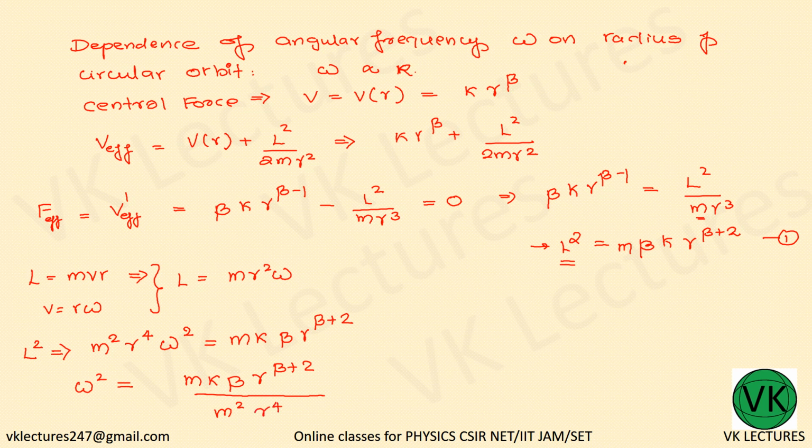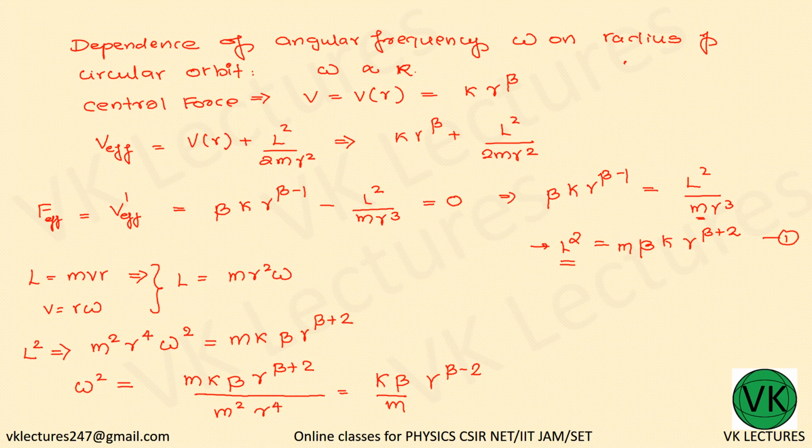So m gets cancelled, and that becomes k beta by m times r to the power beta minus 2. This is omega square.